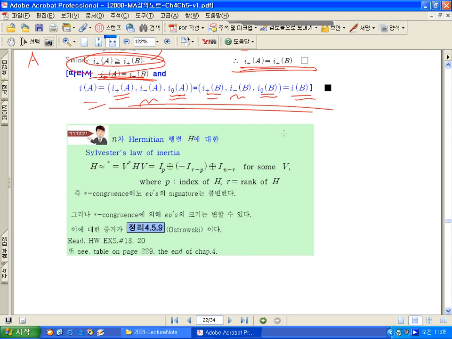If we write it another way, suppose we have a Hermitian matrix H of size n.